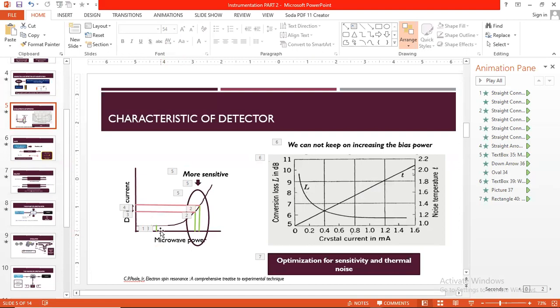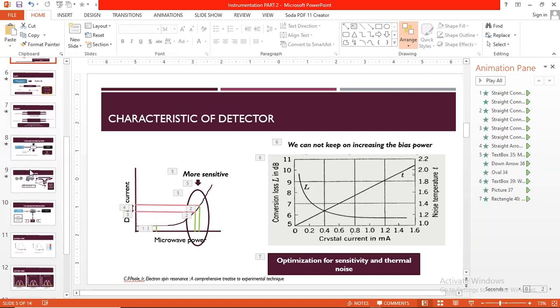It means this microwave power we are getting from the reflected power from the cavity. 100% there is a slight loss of sensitivity here, but that will be compensated by the sensitivity increase when we are in this range.